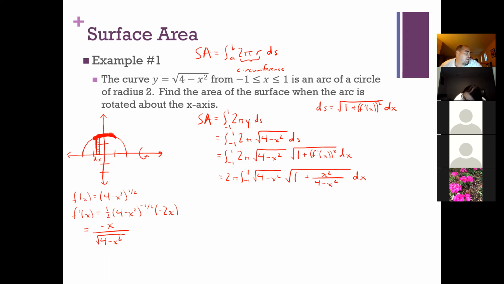Now, both of these are involving square roots, so I can basically multiply them together. So this becomes a square root of 4 minus x squared plus x squared. Which simplifies really simply. It's just 2.